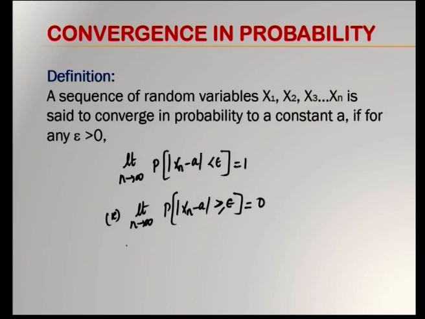We write this as xn tends to a in convergence in probability as n tends to infinity. This is convergence of the sequence of random variables to a constant a in probability.